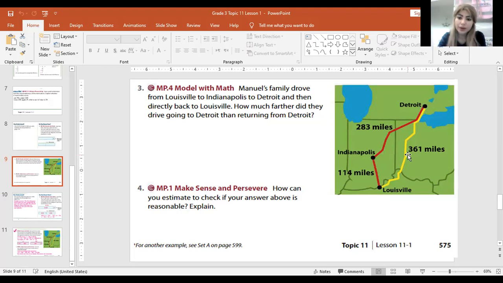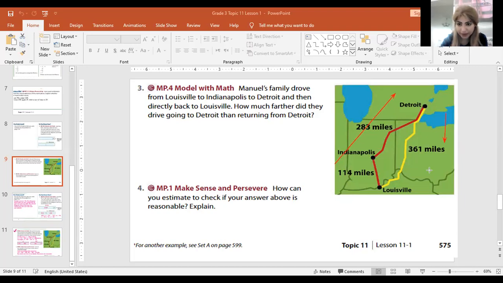The first step, I'm going to add 114 plus 283 to get the distance that they took from Louisville to Detroit going. So going, we have 114 plus 283.